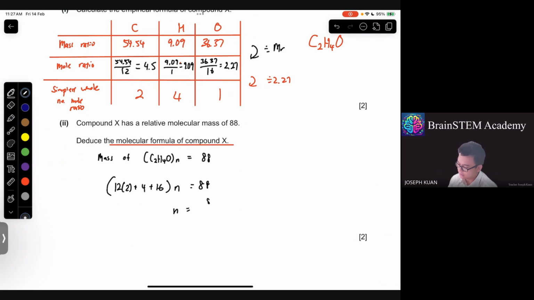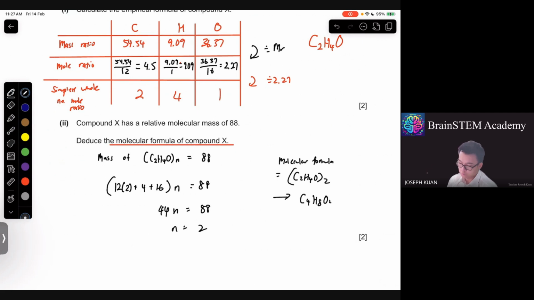So n equals 88 divided by this sum, which if we calculate, is 44. So n is 2. All right, so we substitute it back into our molecular formula. Our molecular formula is C2H4O times 2, which makes C4H8O2.